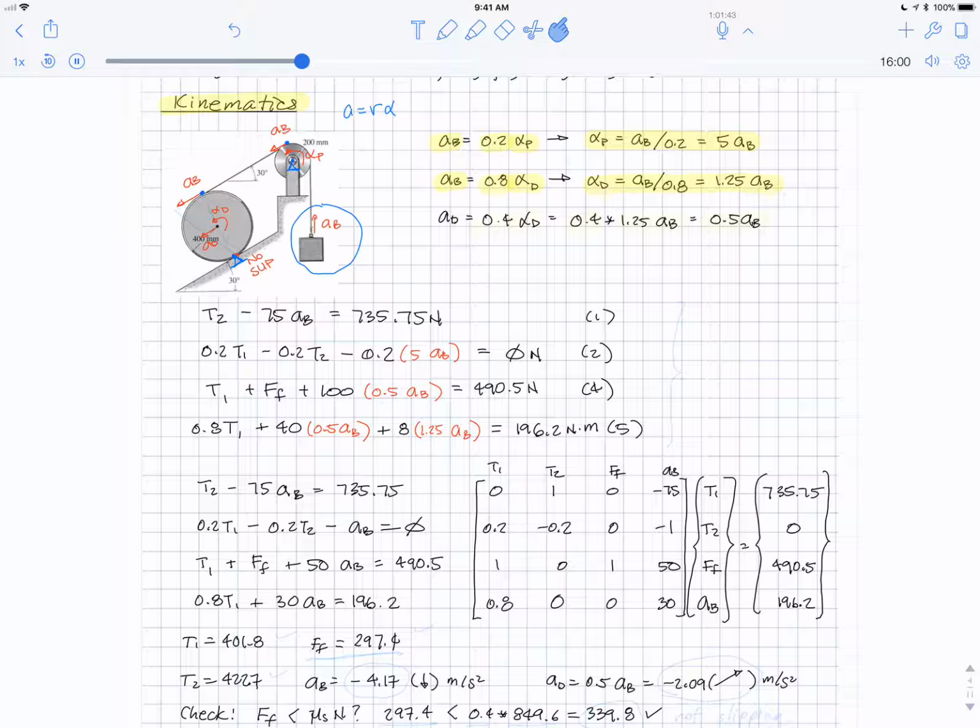Okay, we also want to get the acceleration of the disc in terms of the acceleration of the block. We know the acceleration of the disc is its distance from the pin, which is 0.4, the radius, times alpha of the disc. We just solved alpha of the disc in terms of a block, 1.25 a block.